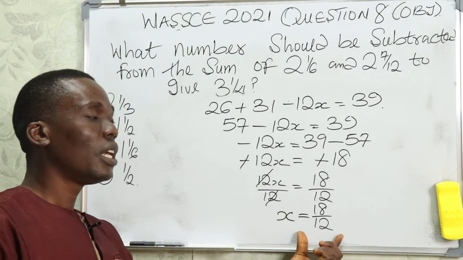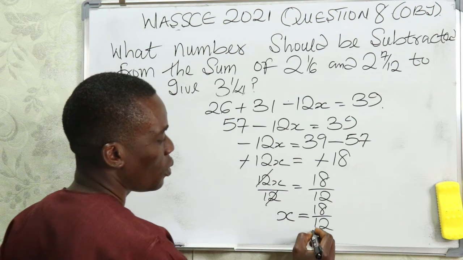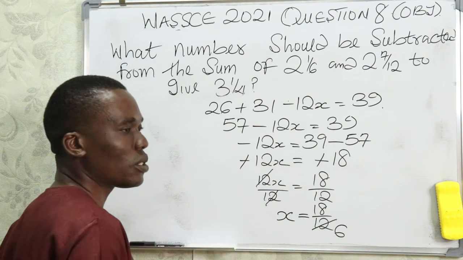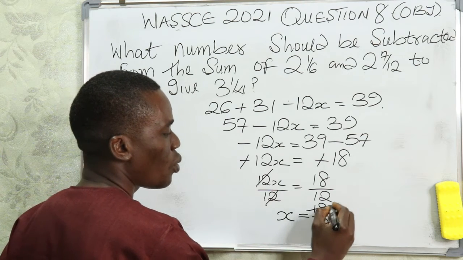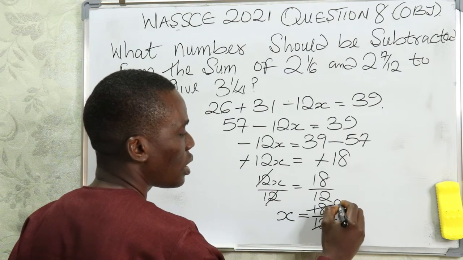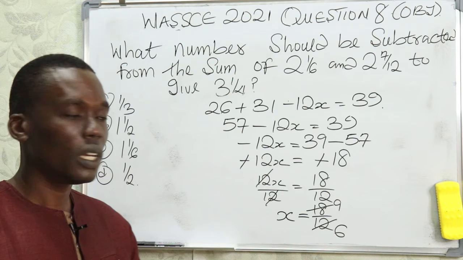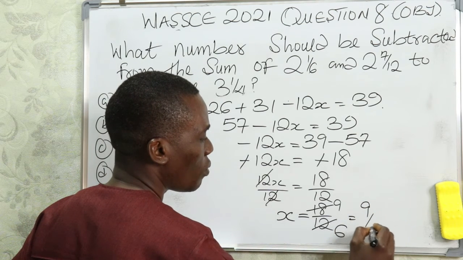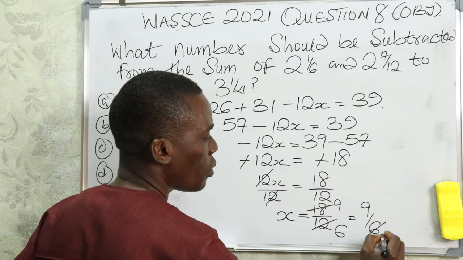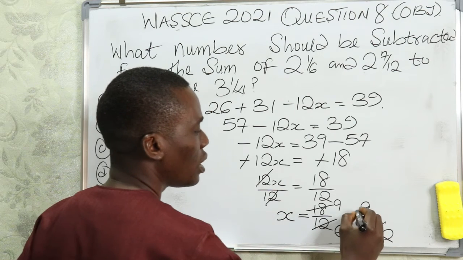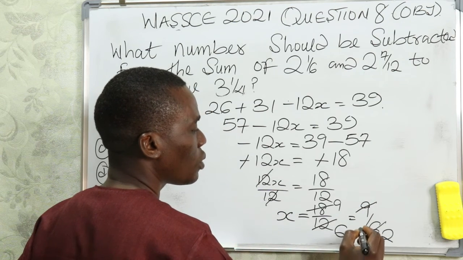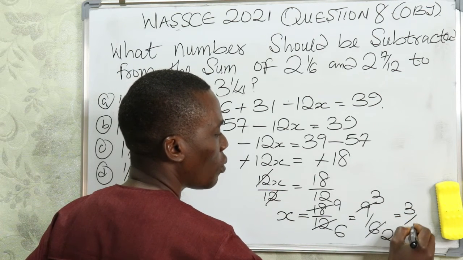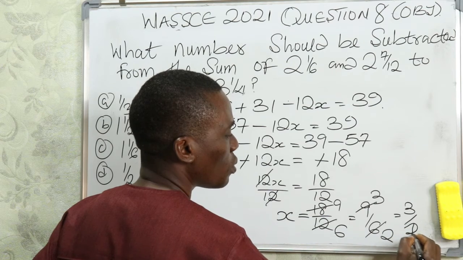Now you see that we have to reduce this value. Now 2 is possible. 2 will go here to give us 6, right? And 2 will go here to give us 9, because 9 times 2 is 18. So that will now give us 9 over 6. 3 will go here to give us 2, right? 3 will go here to give us 3. So that will give us 3 over 2.